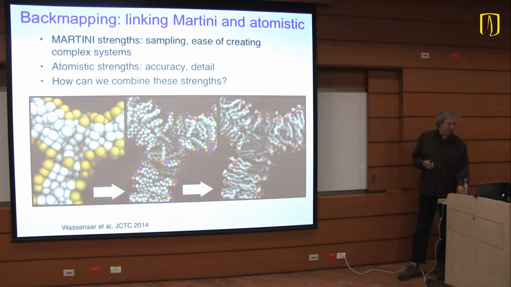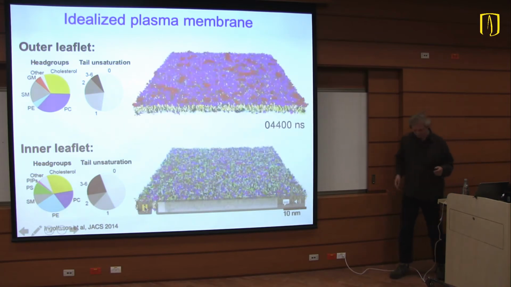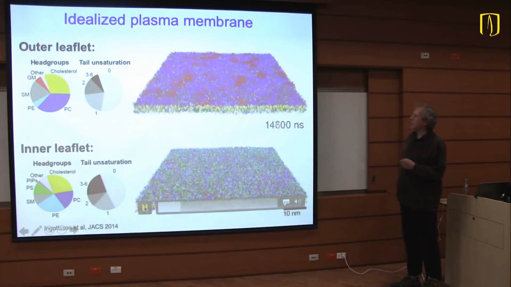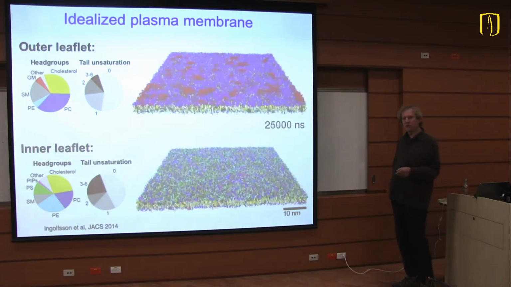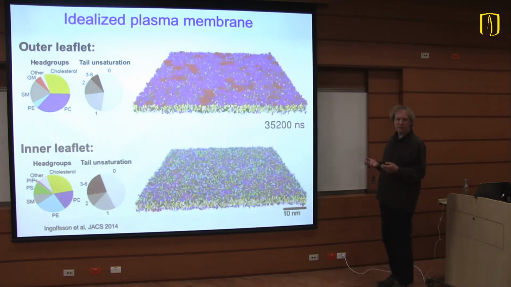So with Martini, I showed this 2 microsecond binary mixture. This is a paper from the same time, 5 years ago, from Helgi Ingolfsson. This is a model of a plasma membrane of a eukaryotic cell, like a human cell, that has 60-something components. So all the major components of a typical plasma membrane are represented in this. Plasma membranes are asymmetric.